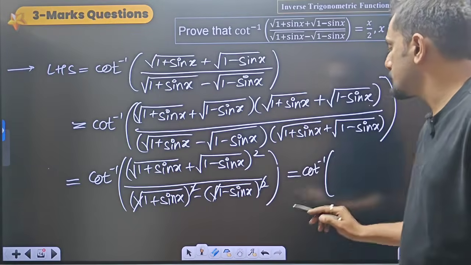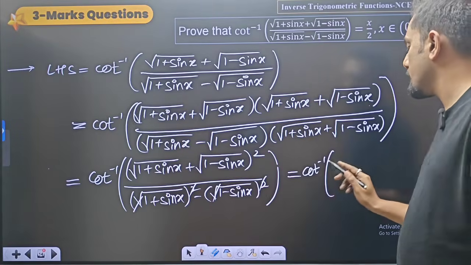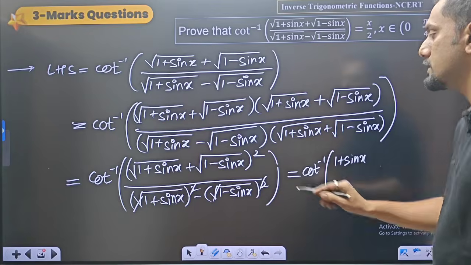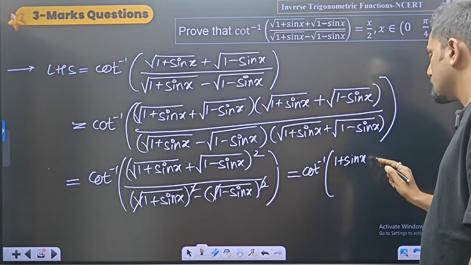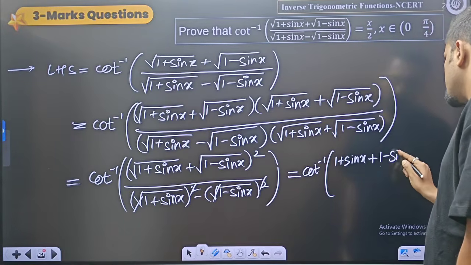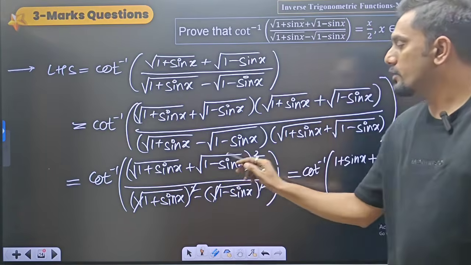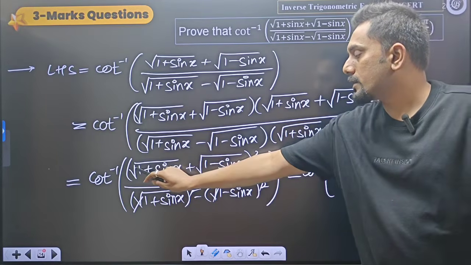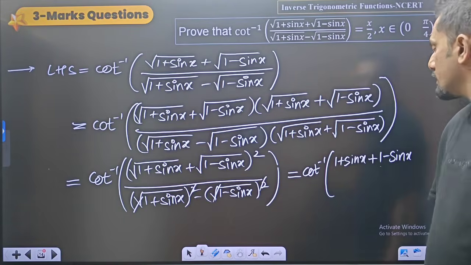So this becomes 1 plus sin x, root of 1 plus sin x whole square is 1 plus sin x, and root of 1 minus sin x whole square is 1 minus sin x, plus 2 into a into b. This I will write as 2 into under the root of a plus b into a minus b, which is a square minus b square.